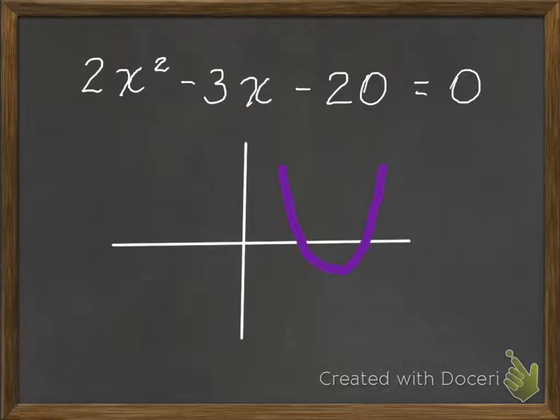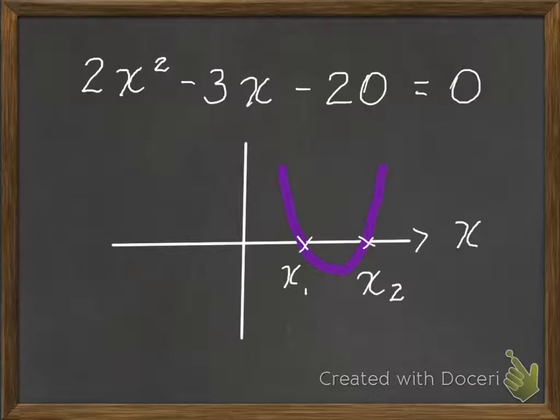And the solutions are the x-intercepts, the points where the parabola crosses the x-axis. So when the graph looks like this, we have two solutions, two x-intercepts. And we can have at most two solutions, because we can have at most two x-intercepts.